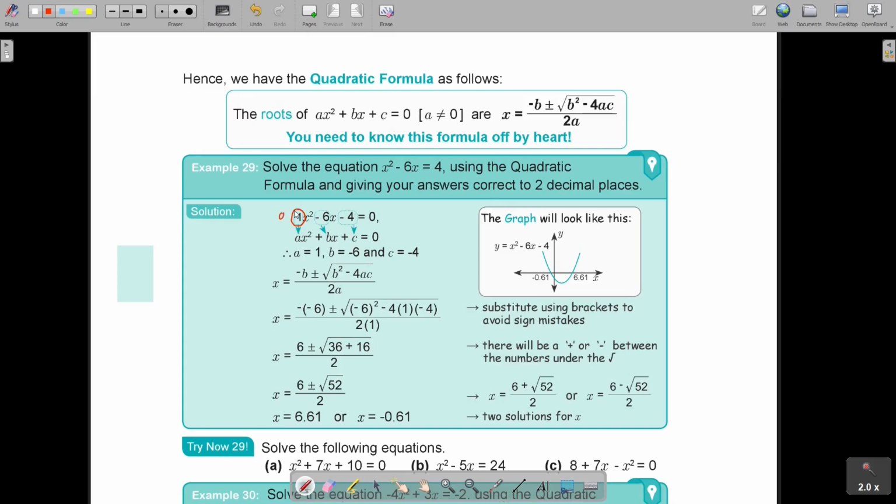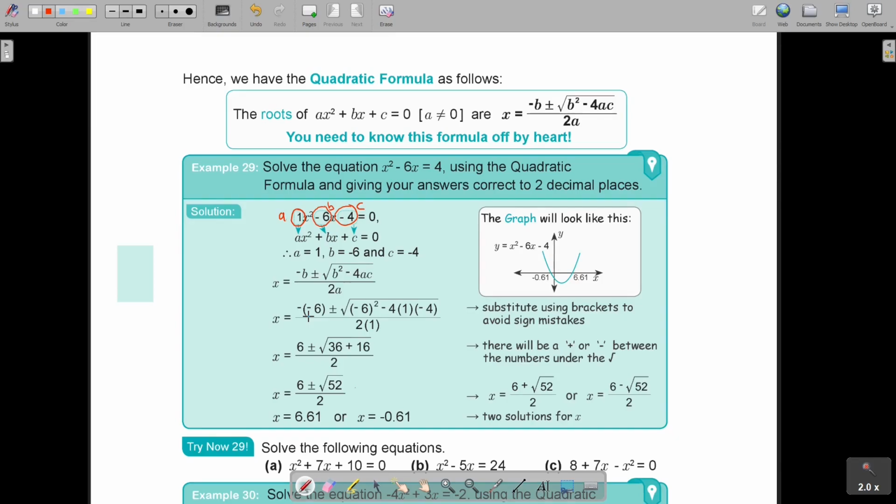This is A, this is B, and this is C. Okay, and then you basically just substitute. So it's going to be negative, and in the place of B, you put -6, plus minus, and then B squared minus 4AC, over 2A. And then you simplify 36, and then 16, and this.